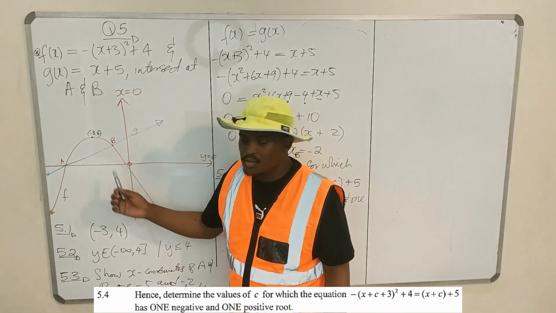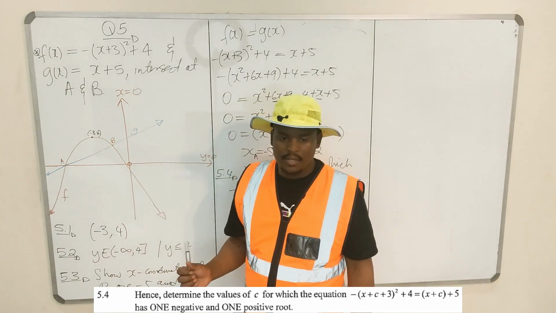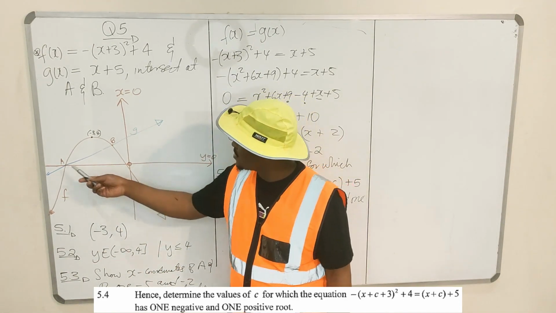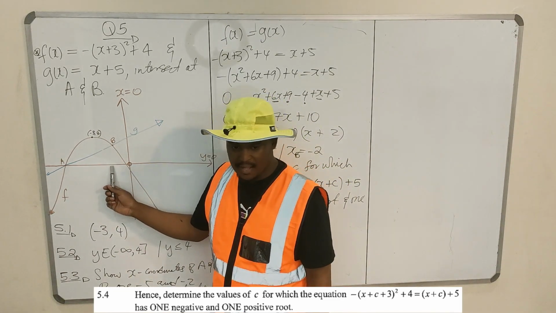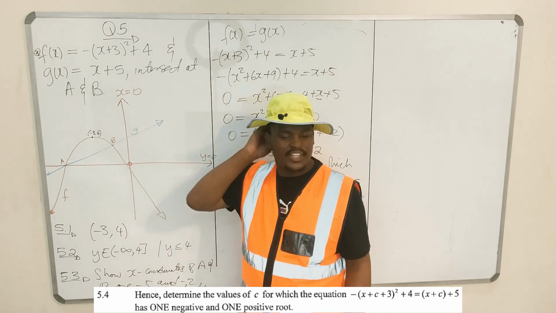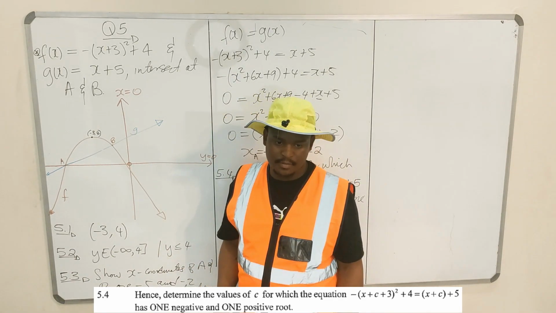Because they meet twice, the roots are solutions. So if you equate both of these equations, you will get 2 solutions because they meet twice. So this solution here and that solution there. What are the signs of these solutions? Both of these solutions are negative.